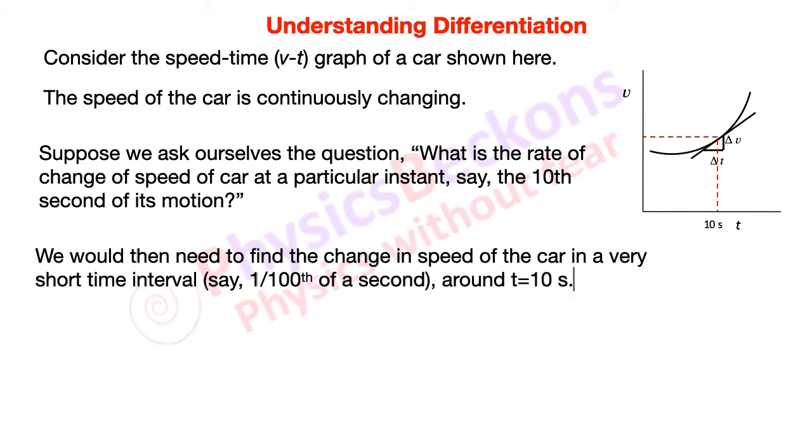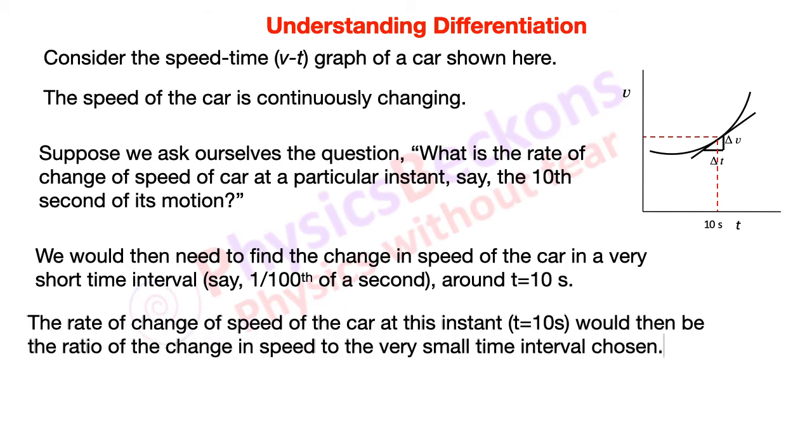We would then need to find the change in speed of the car in a very short time interval, say 1/100th of a second, or smaller, around t equal to 10 seconds. The rate of change of speed of the car at that instant, that is t equal to 10 seconds, would then be the ratio of change in speed to the very small time interval chosen.